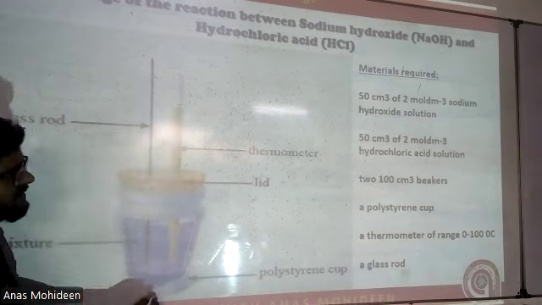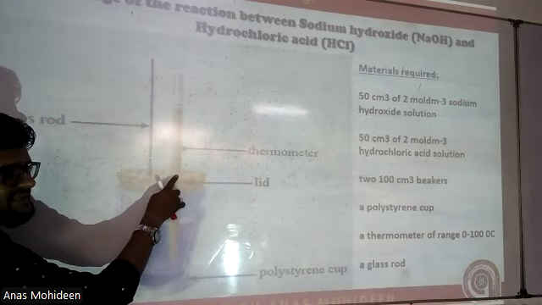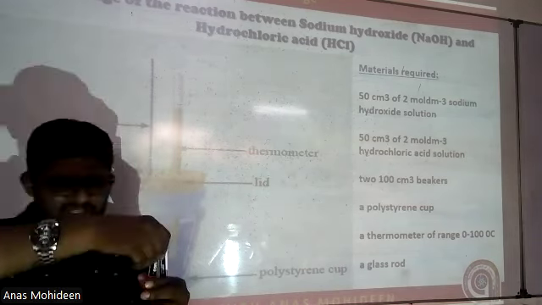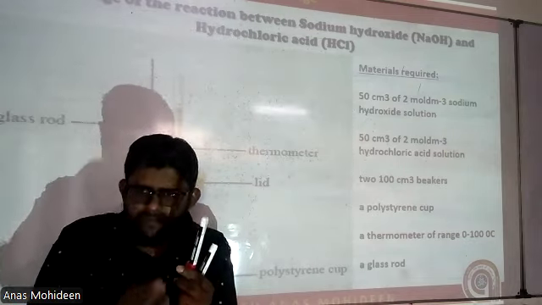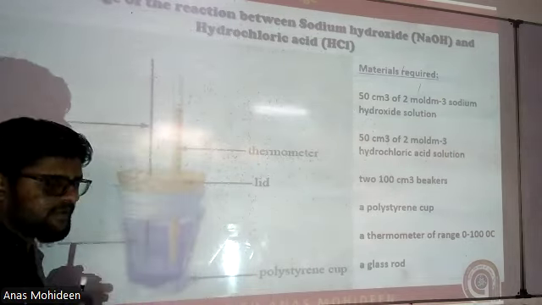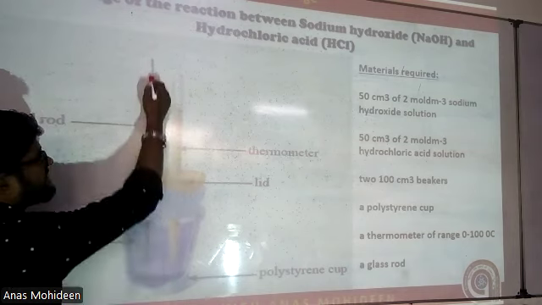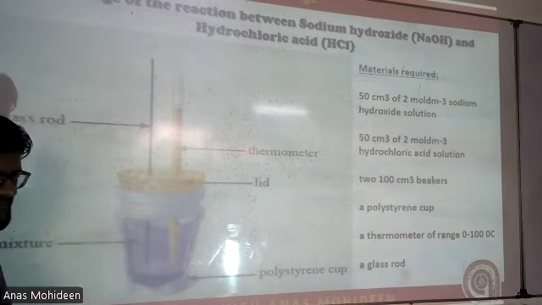We have a thermometer, and here we apply wax, because within the hole there would be small gaps where heat could move through. We also have a stirrer, a glass rod to mix.